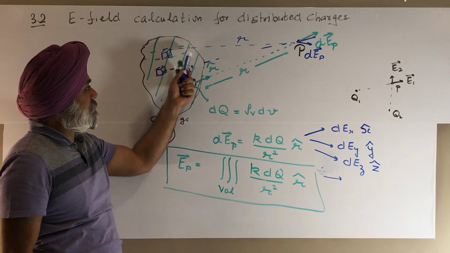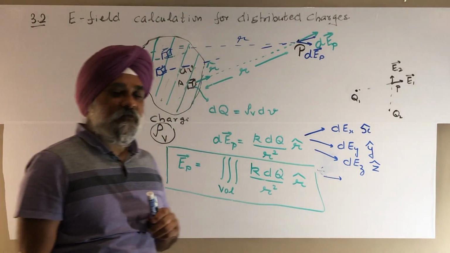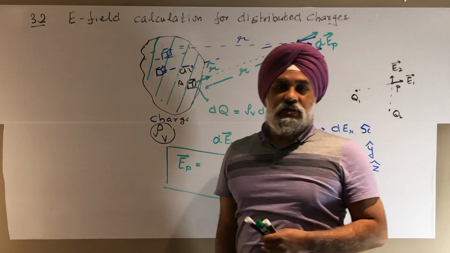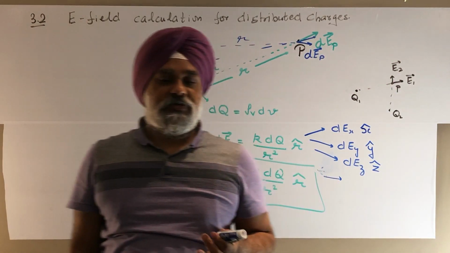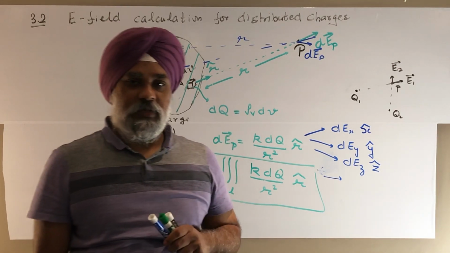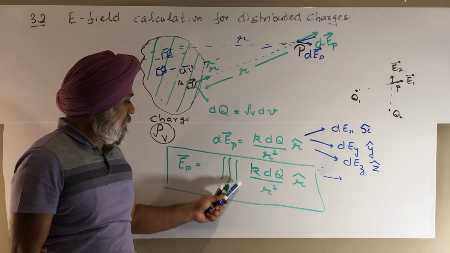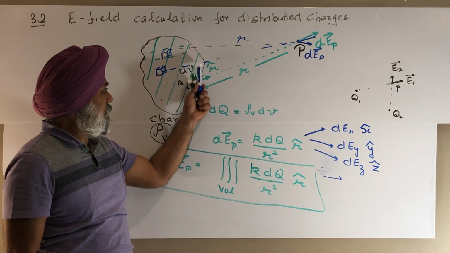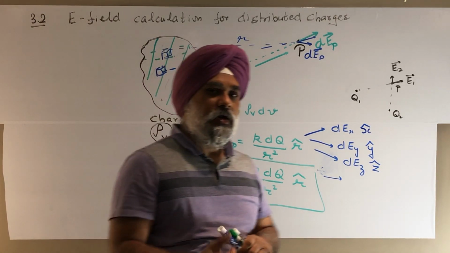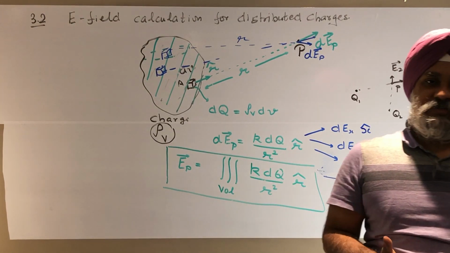The coordinate system is going to be chosen based on the shape of the charge, how the charge is distributed. You have seen in the first week that if you want to integrate over circles, polars help you. If you want to integrate over spheres, spherical coordinates help you. So the setup of this integral will depend upon the coordinate system you're using, and the coordinate system you're using could be Cartesian, cylindrical, or spherical.